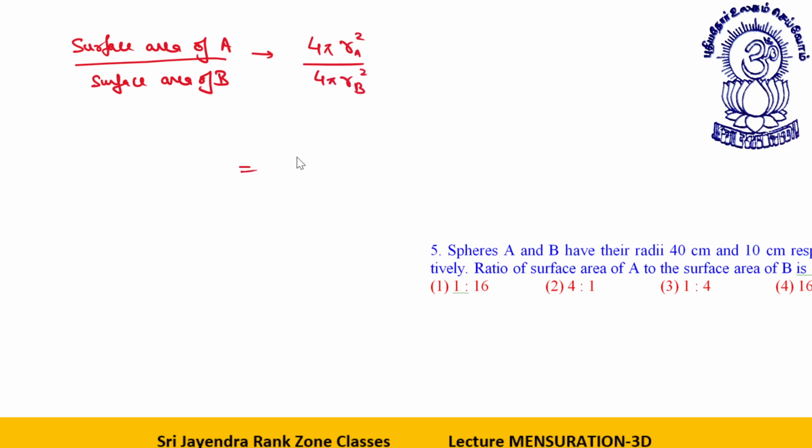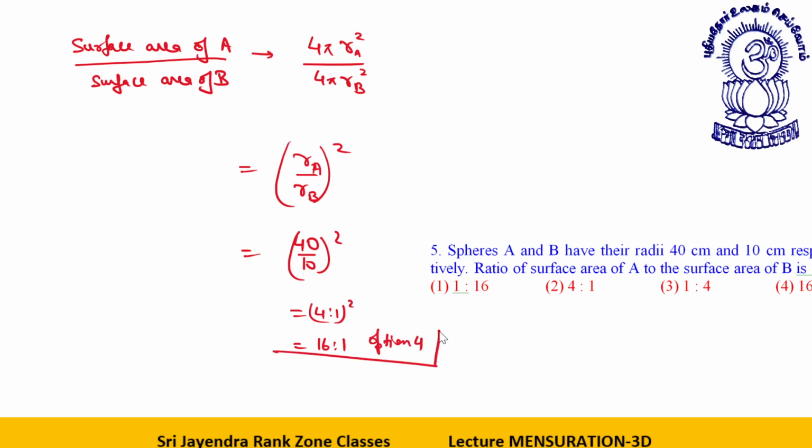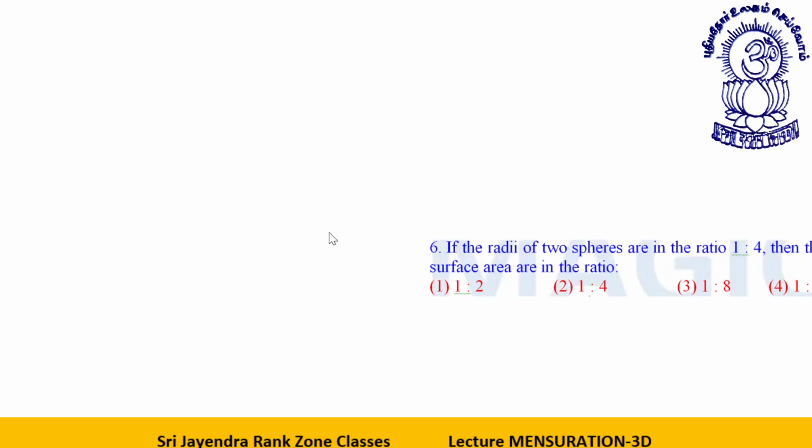This gives you what? rA by rB square. That is 4 square is to 1 square. 16 is to 1. Option number 4. Clear to all of you? Next one.